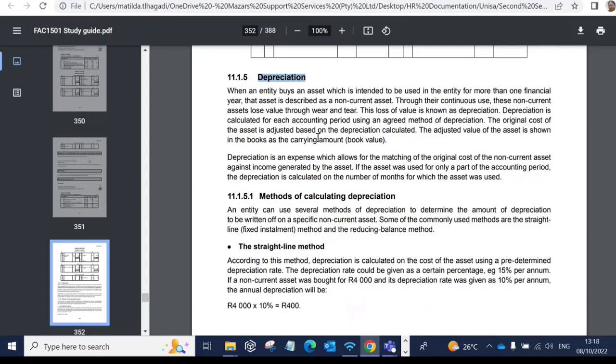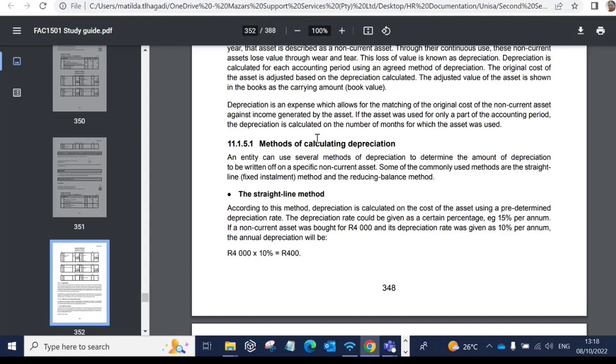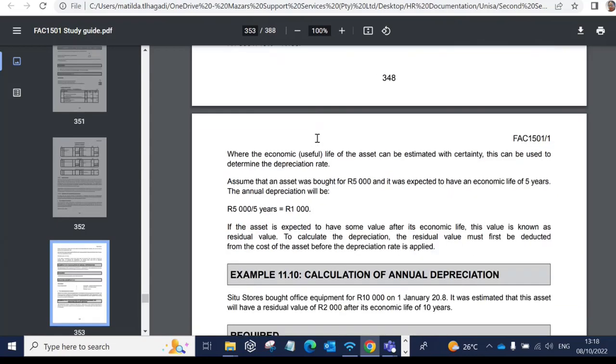Depreciation is an expense which allows for the matching of the original cost of the non-current asset against income generated by the asset. If the asset was used for only a part of the accounting period, the depreciation is calculated on the number of months for which the asset was used. Now, methods of calculating depreciation.